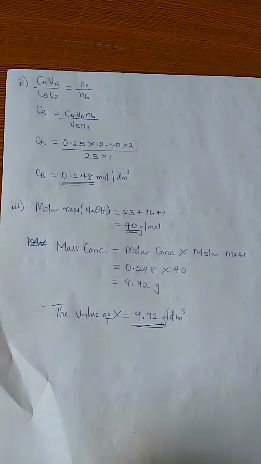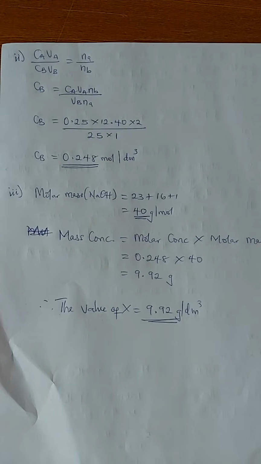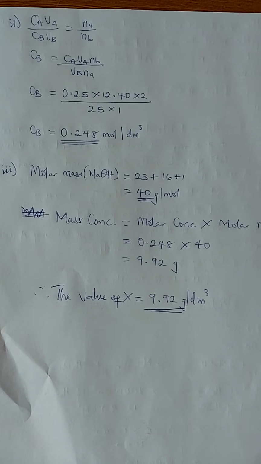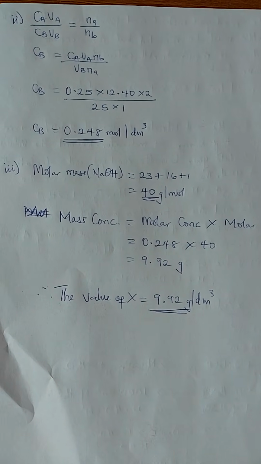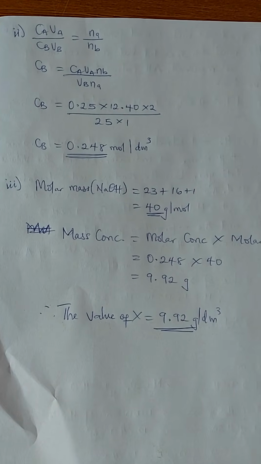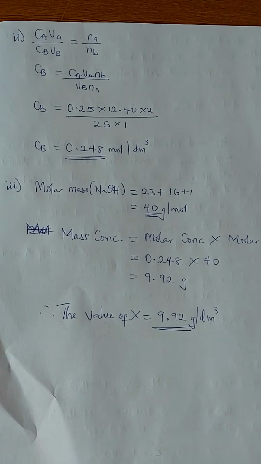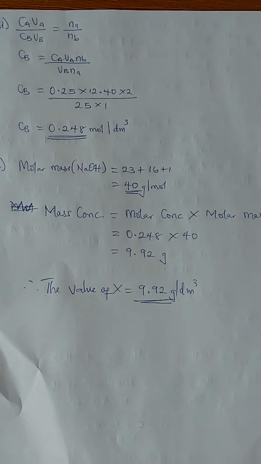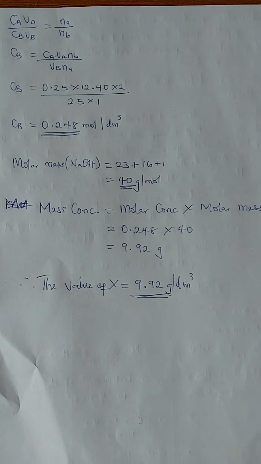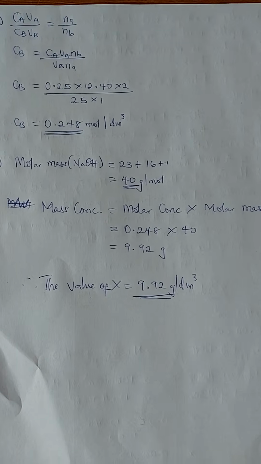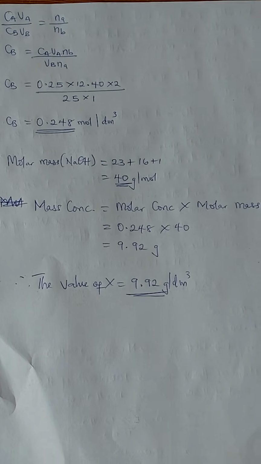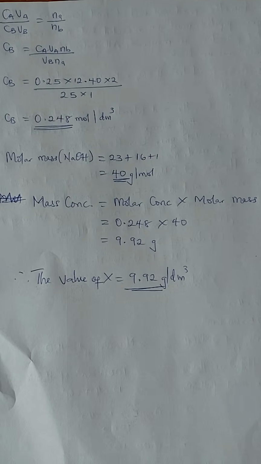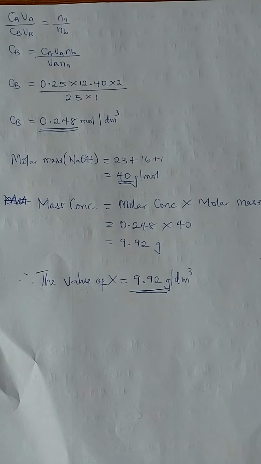Okay, so I think we will have the second and third question. The second question, using the same CAVA, you just apply appropriately. Then you obtain your concentration of the base in mole per dm cube. Very simple. Then to find the value of X, the first thing you must do is to know that X is given to you in gram per dm cube, and that is the unit for mass concentration.